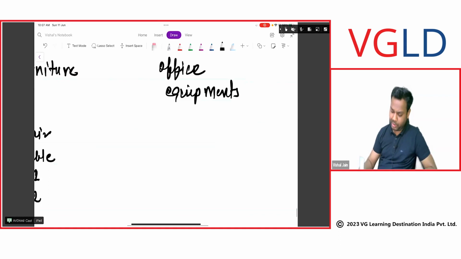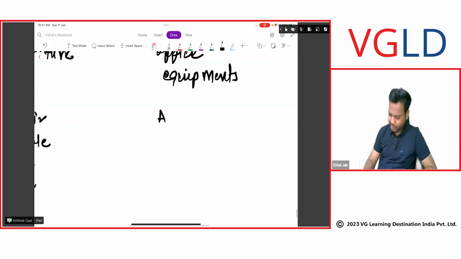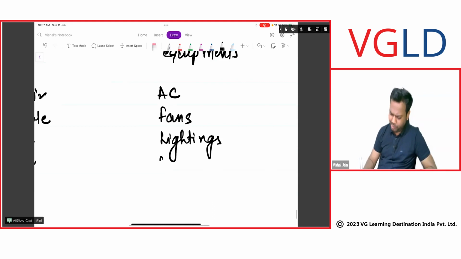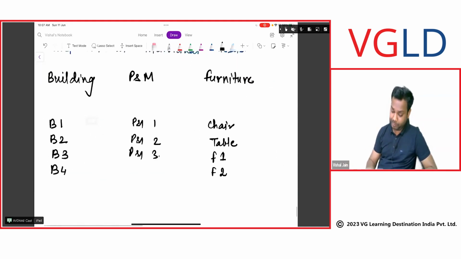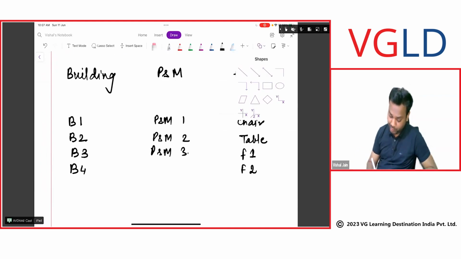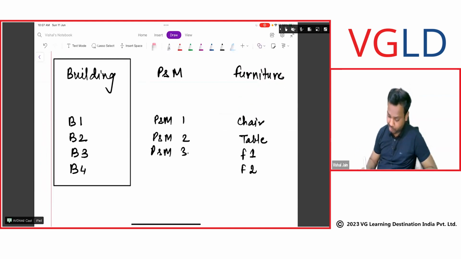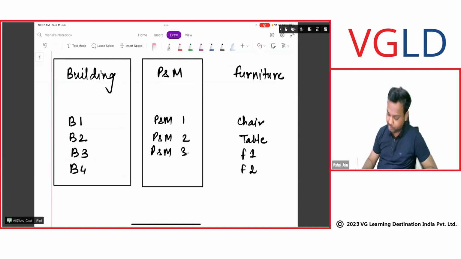Office equipments, you can write here AC, fans, lightings, then office equipment number 1 or 2 or something like that. Now, let's suppose these are the classes of assets. So let me just bifurcate it.